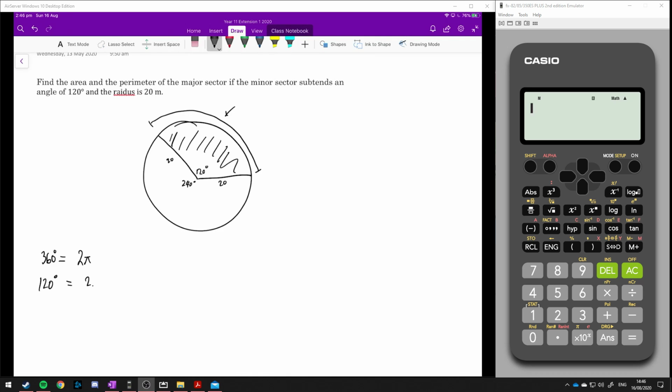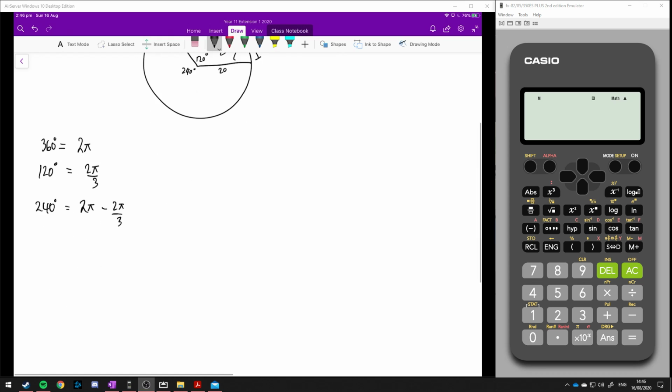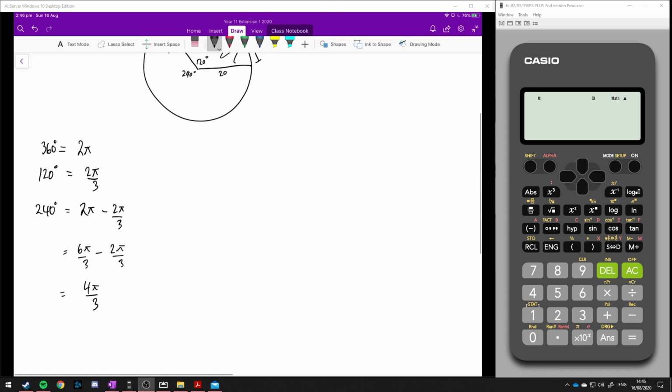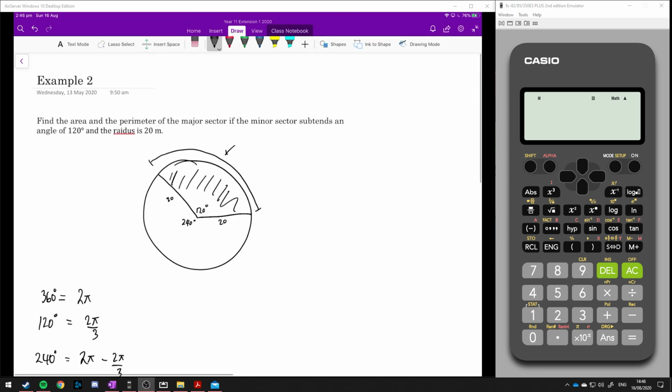So we can work out the leftover 240 degrees by doing 2 pi minus 2 pi on 3, which is the same as 6 pi on 3 minus 2 pi on 3. So we get 4 pi on 3 as our 240 degrees, or doubling 120 is 4 pi on 3. So that's what our angle is going to be for this one.